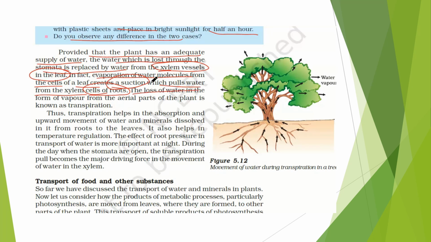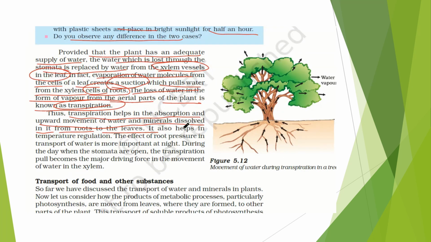The loss of water in the form of vapor from the aerial parts of the plant is known as transpiration. Now what does transpiration help to do? Transpiration helps in the upward movement of water and minerals dissolved in it from the roots to the leaves.